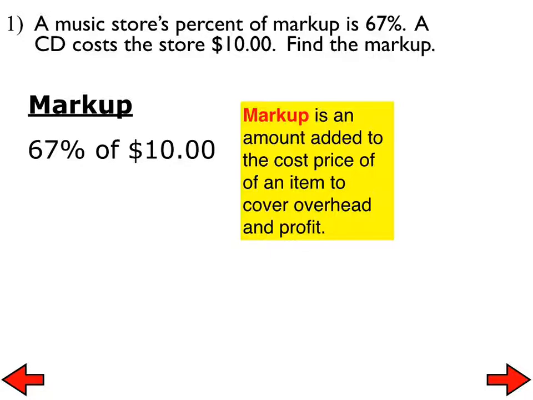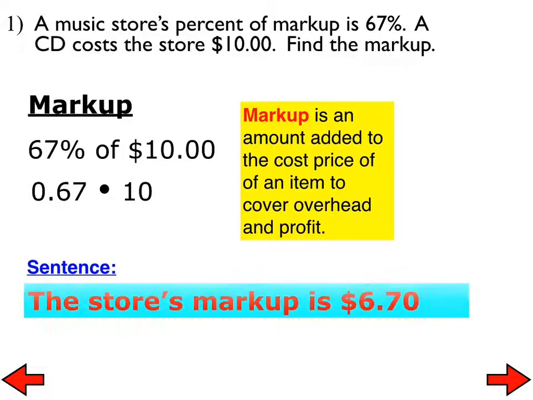Mathematically, we convert 67% to a decimal, and since we're finding a percent of a number, we use multiplication. So 67% of $10 translates to 0.67 times 10, and if we do that multiplication, we get $6.70. So the store's markup is $6.70.